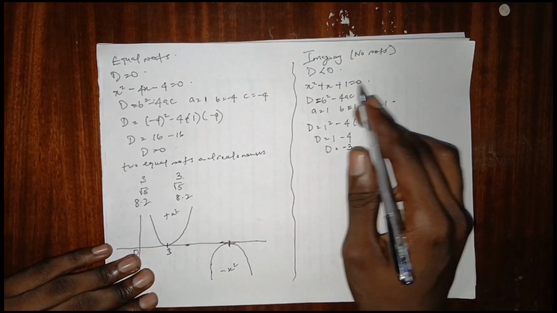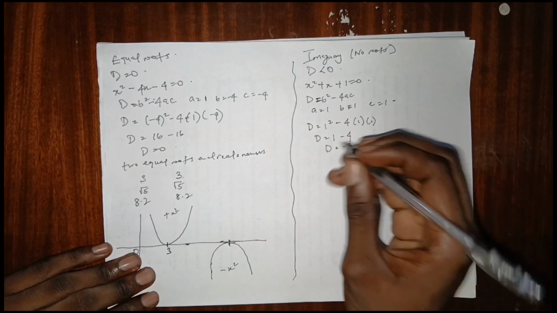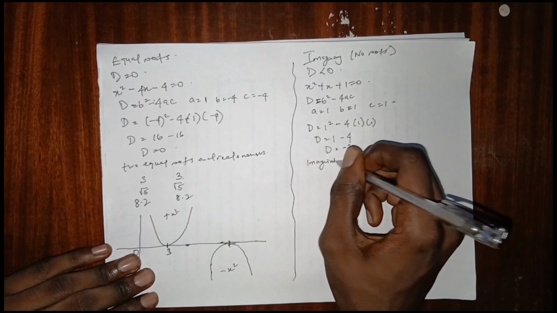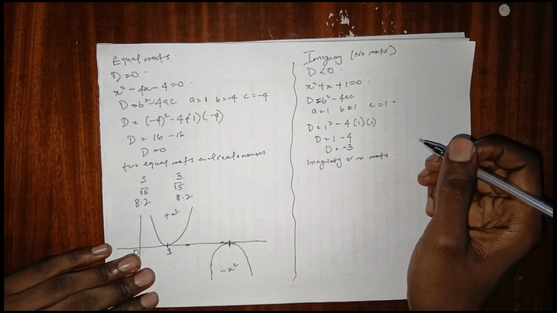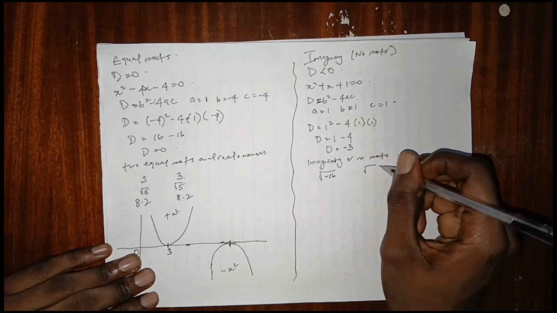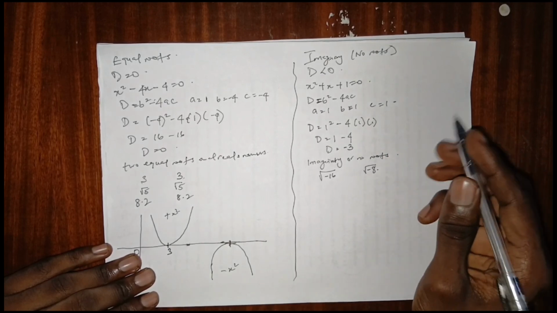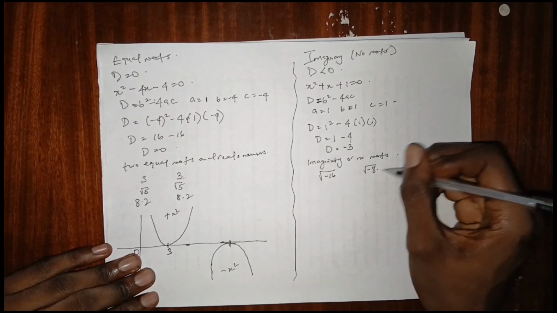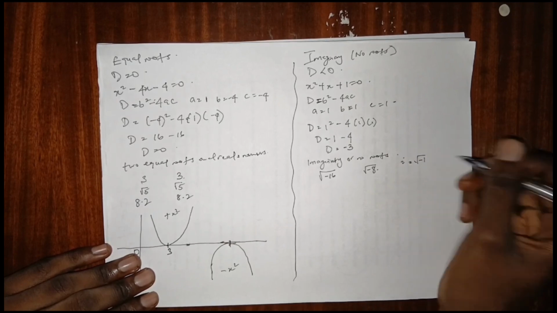So the roots of this quadratic equation will be imaginary, or no roots. You could have something like the square root of minus 16 or minus 8, which is the square root of a negative number, represented with i, where the square root of minus 1 is i.